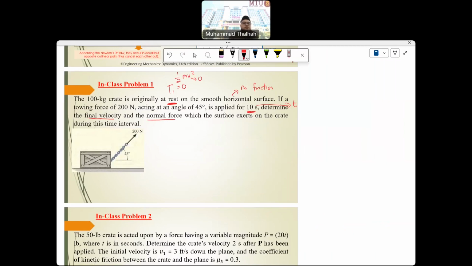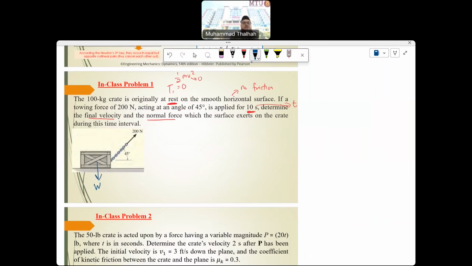So the first thing you have to do is draw your free body diagram. As always, in our F equals ma and in our work and energy, you have to resolve everything in your free body diagram. So what are the forces involved? Can anyone tell me? Weight, that is true, going down like this.